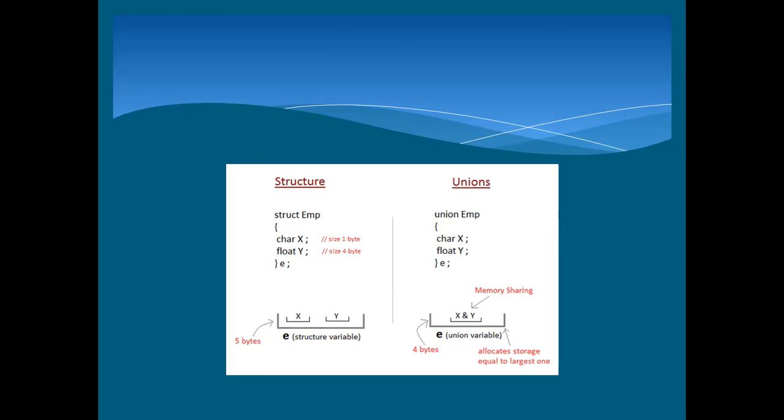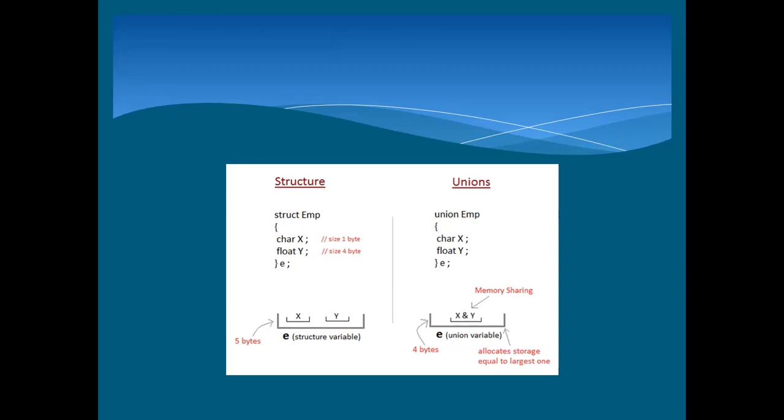Now here in the union, we are going to use the char and float. So char requires 1 byte of memory, and for float they are going to allocate 4 bytes of memory. So which one requires the more memory? Float requires 4 bytes of memory.